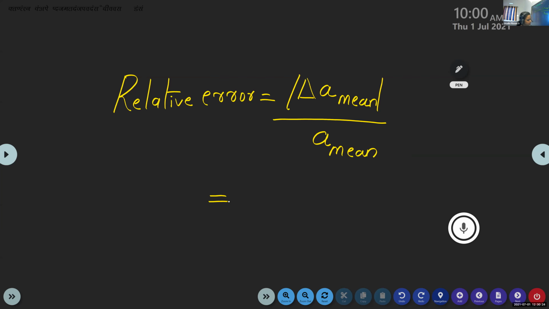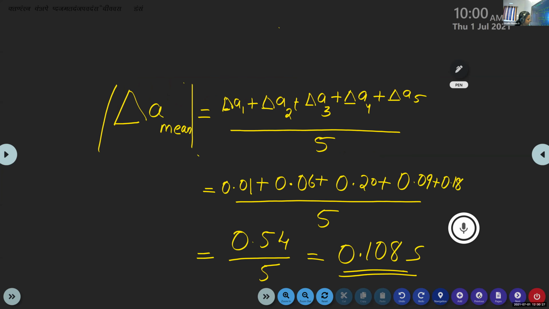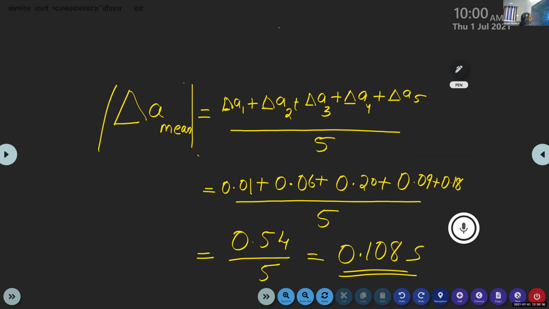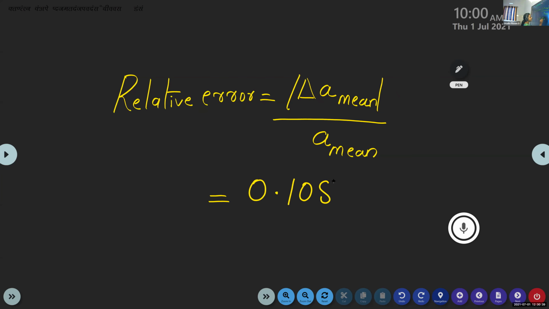What's the value we calculated in the last step? 0.108. 0.108 divided by, what is our A mean? 2.62. Very good. Here we do not consider the total number of measured values. Instead of that, we consider the mean, that is 2.62. So 0.108 divided by 2.62.